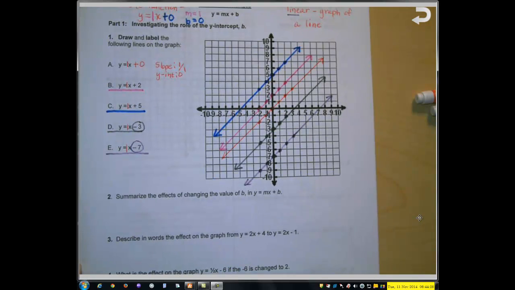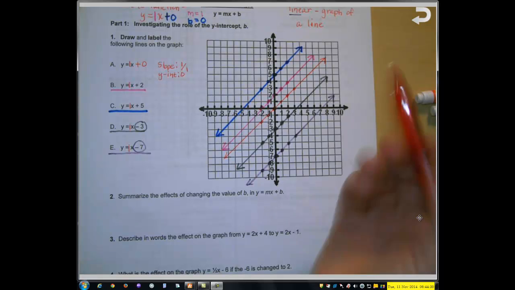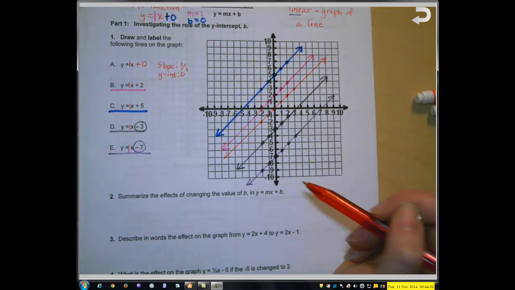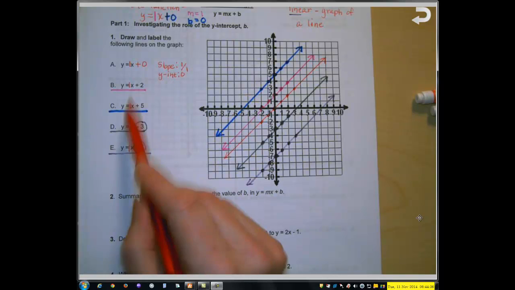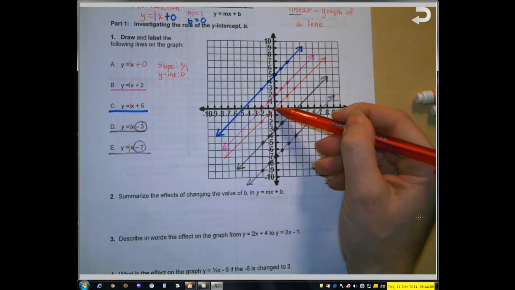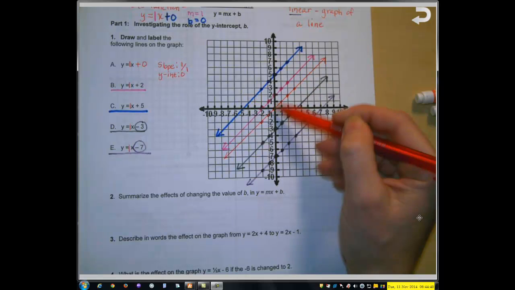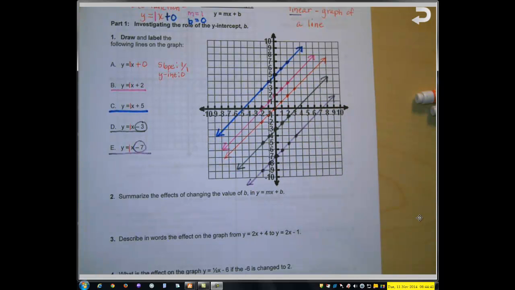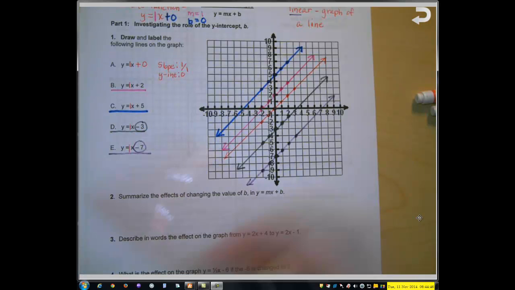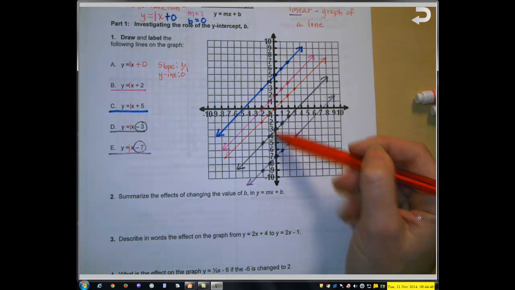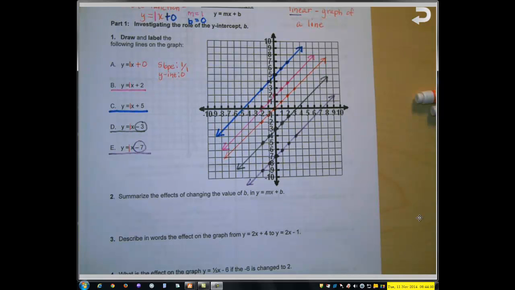Okay, so we can see that as we changed the y-intercept in the first two equations, in B and C, the line moved up along the y-axis. In the second two equations, we notice that the line moved down along the y-axis.